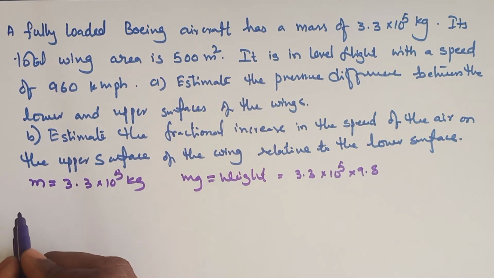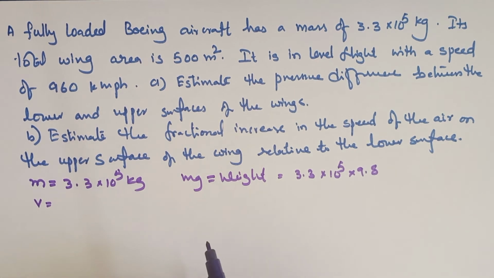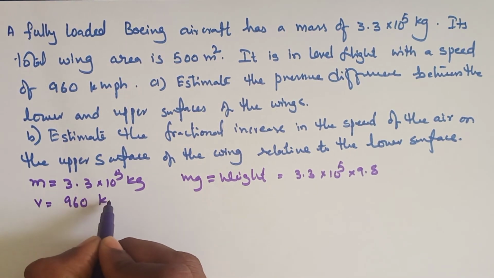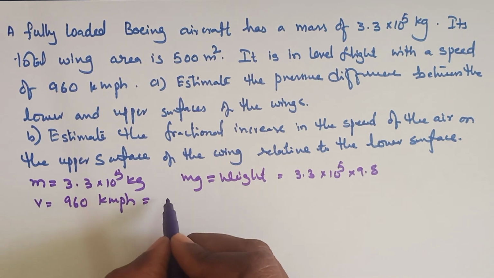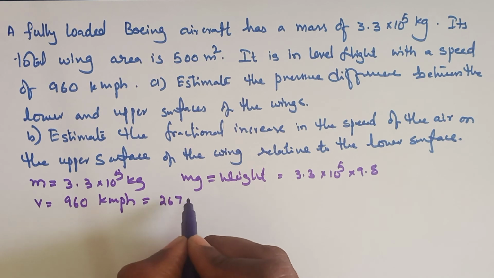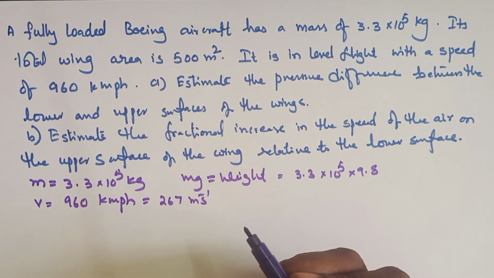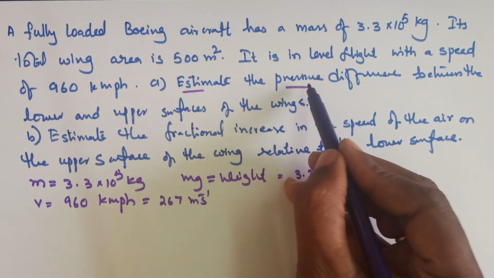The speed in the middle way, not above and below, is 960 kmph, which equals 267 meters per second after conversion. What is the first question? Estimate the pressure difference.